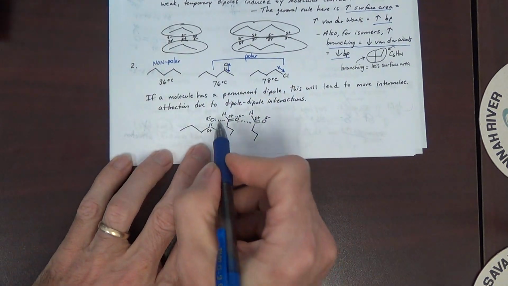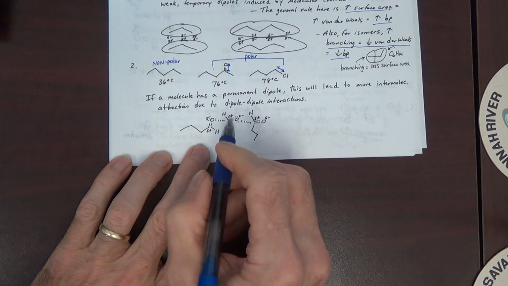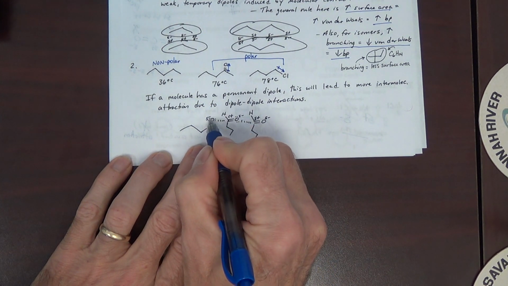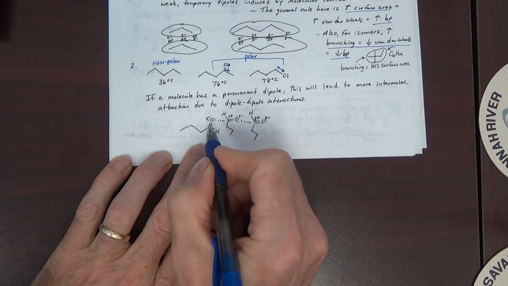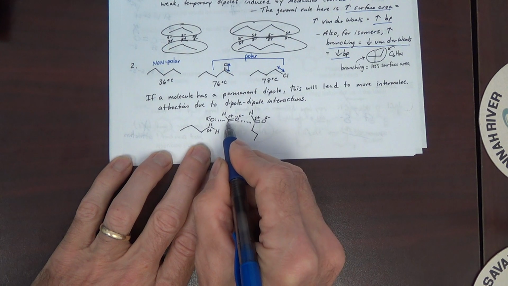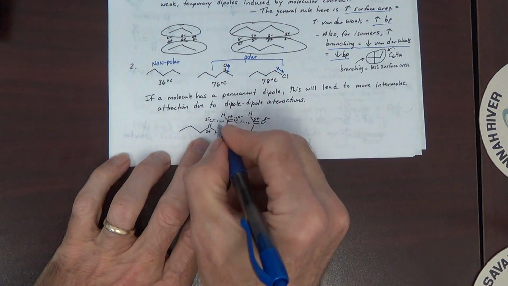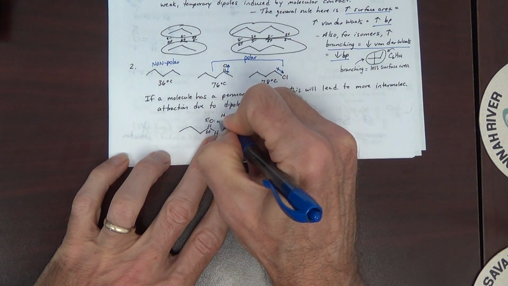And we can show the IMF network here. The permanent partial minus of the oxygen can coordinate to the partial positive of another molecule. And we show this with the dashed line here.